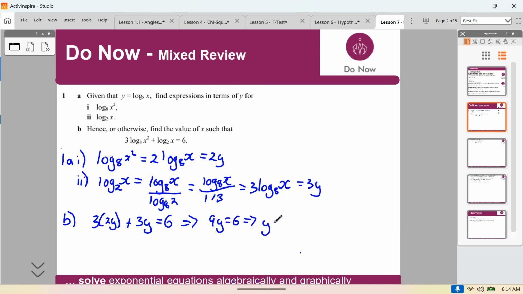Y equals 2 over 3. This implies that 2 over 3 is equal to log base 8 of x, which tells us that x is equal to 8 to the 2 over 3, which equals 4.